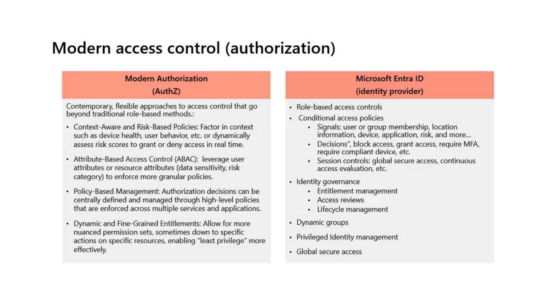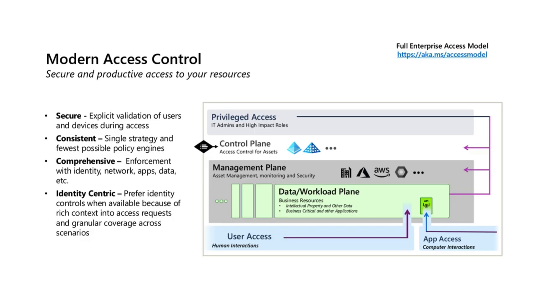Policy-based management. Authorization decisions can be centrally defined and managed through high-level policies that are enforced across multiple services and applications. Dynamic and fine-grained entitlements allow for more nuanced permission sets, sometimes down to specific actions on specific resources, enabling least privilege more effectively.